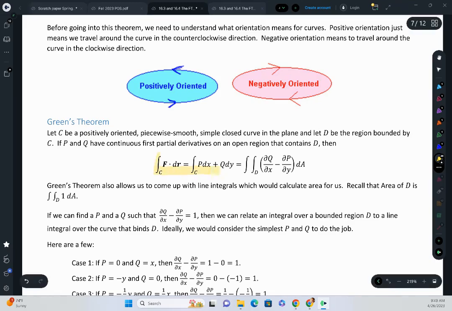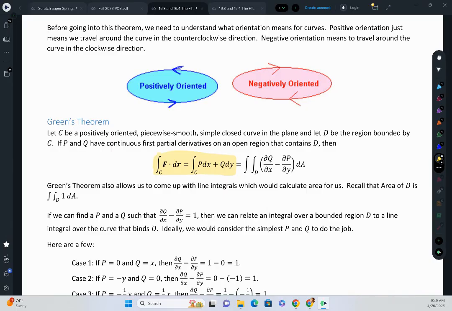So first, the first two things right here are just stating what a line integral is. So the line integral over C of F dot dr is simply the line integral over C of P dx plus Q dy. We're going with 2 dimensions right now.